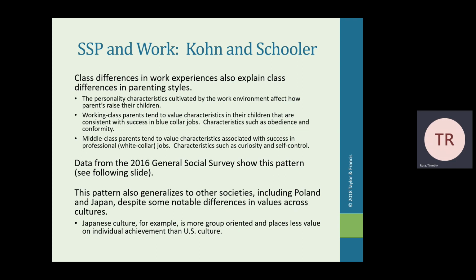Japanese culture, for example, is more group oriented and places less value on individual achievement than US culture. So some of the elements within the proximate context may differ, but the idea still holds that the meanings and the expectations within your proximate context impact your personality and how you may act in other related proximate domains.